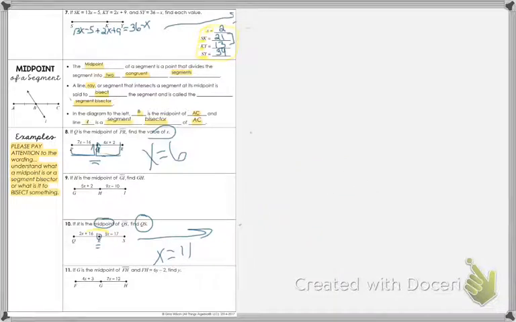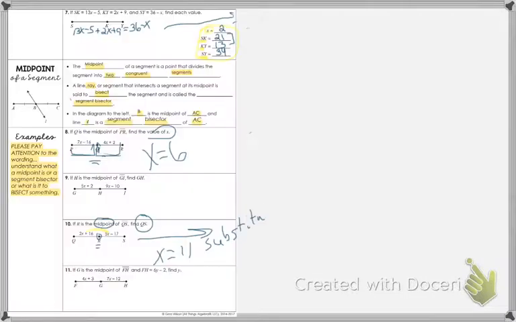And because I'm not going to make my life any harder, I'm going to substitute into the easiest one.